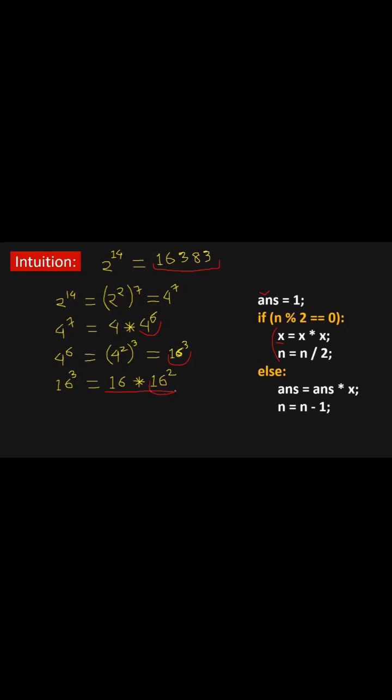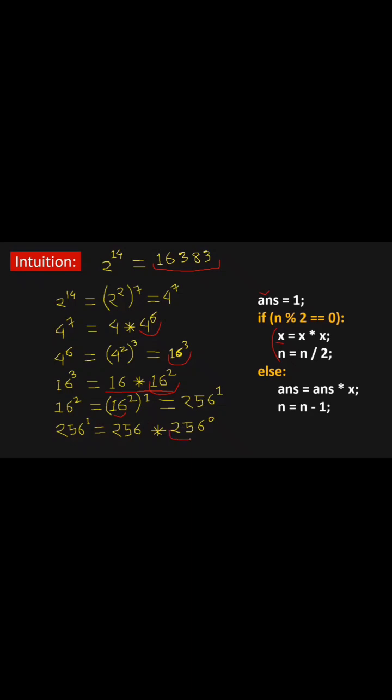Let's find out the value for 16 to the power 2, and we can rewrite this as 256 to the power 1. If we calculate 16 times 16, we get 256, and we have 256 to the power 1. Then let's apply this formula. Since 1 is not divisible by 2, we get 256 times 256 to the power 0. We subtracted 1 from the exponent, so we get this.